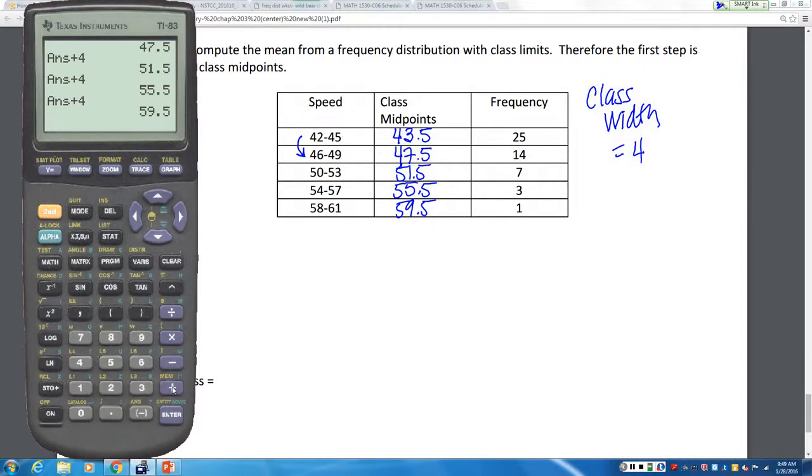So, like before, my numbers go where? In L1. The frequency or the weight will go where? L2. Let's do that now, please.